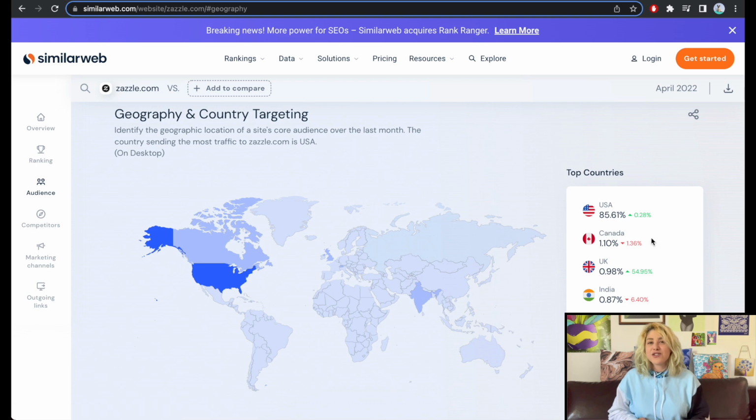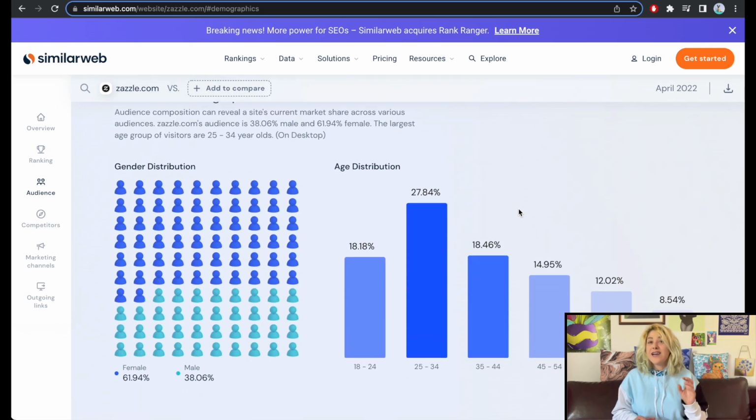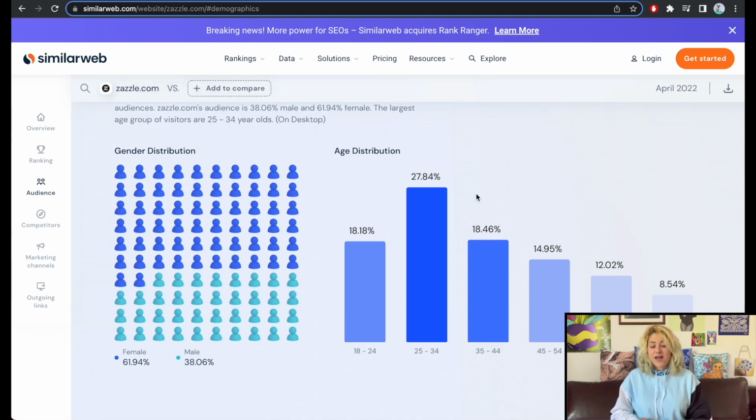I can definitely understand why the UK numbers would be so low, because they do have the .co.uk domain, but it is kind of surprising to see this huge USA share here. And in terms of buyer gender, almost 62% are female with 38% men, and the majority of the people are from ages 25-34. We pretty much don't have anything new in this arena here.